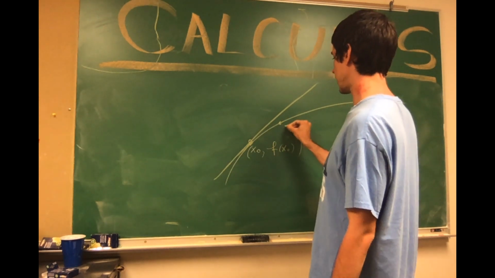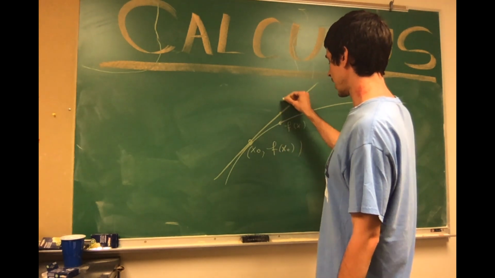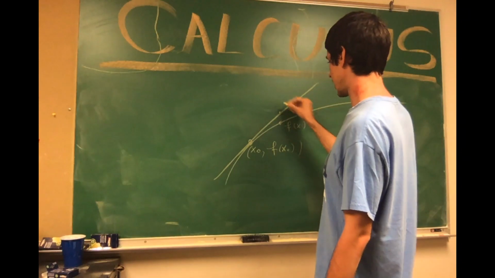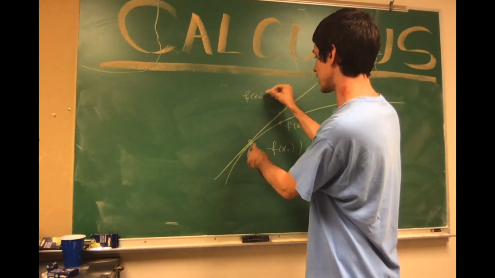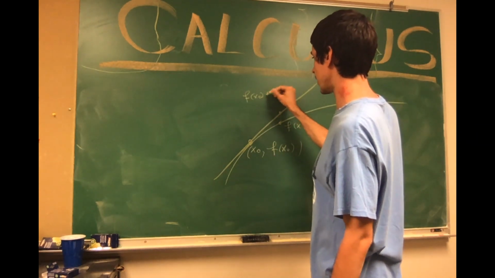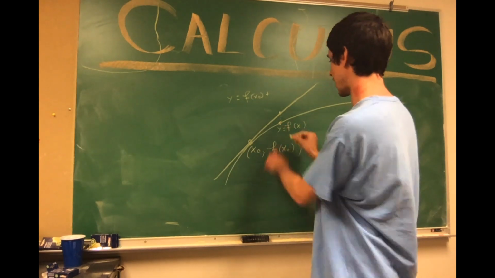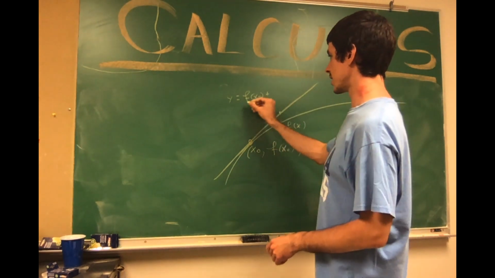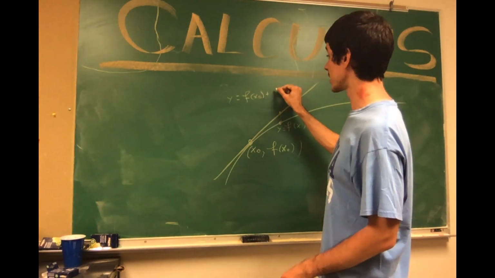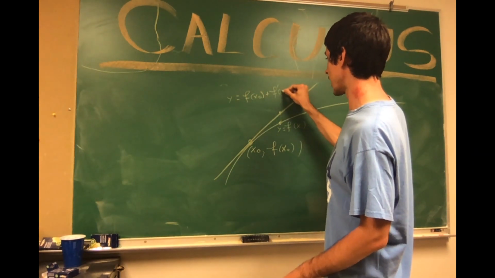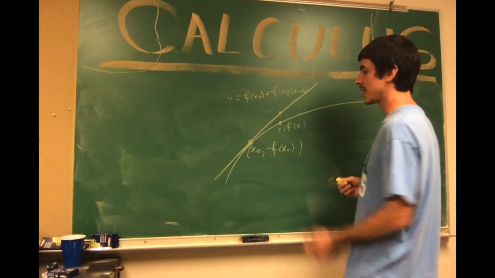So here we have y equals f of x, and this is the linear approximation. It's y equals f of x0 plus f prime of x0 times x minus x0. This is the linear approximation right here.